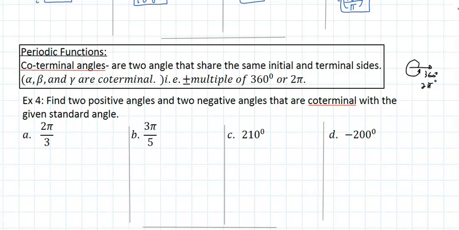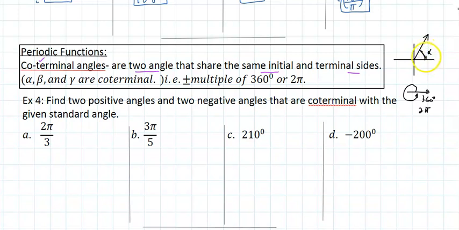So for periodic, we talk about what's known as the famous coterminal angles. What are coterminal angles? Those are two angles that share the same initial side and the same terminal side. Meaning, if you give me an angle in standard position, if you tell me this is angle alpha, well, guess what?